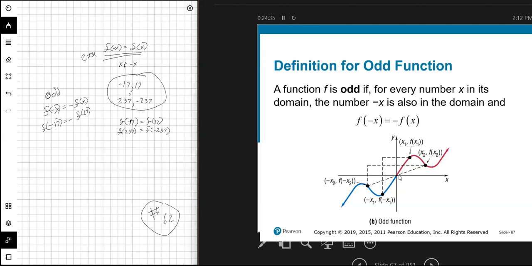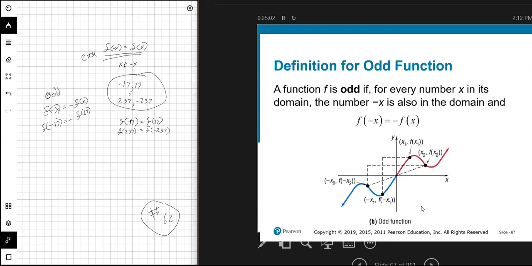And so this is an example of what an odd function would look like. They have symmetry also, but it's going to be symmetric with respect to the origin. So if we took this and rotated it 180 degrees, the graph would line up perfectly with itself.